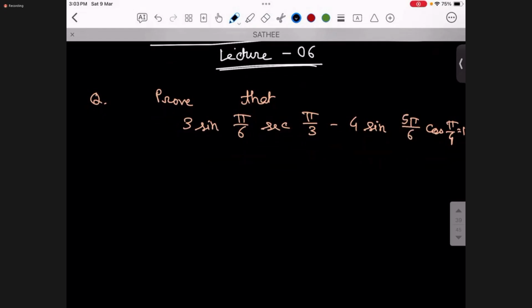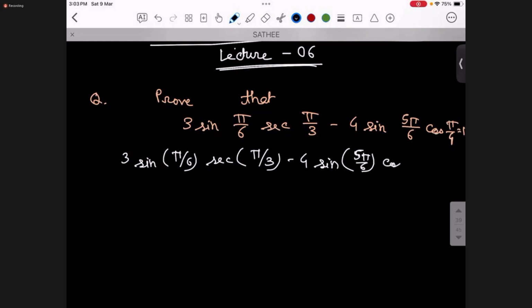So let's do it that way. Sin(π/6), 1 by cos(π/3), minus sin(5π/6) cot(π/4).